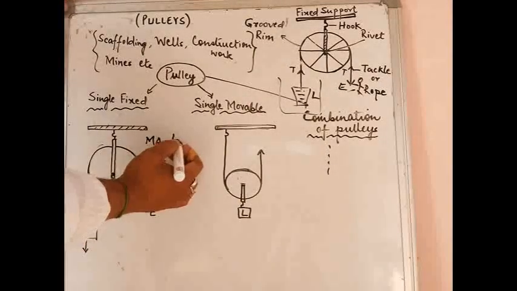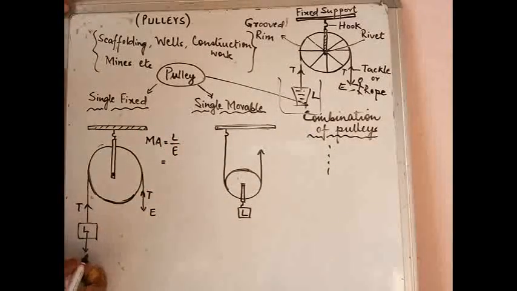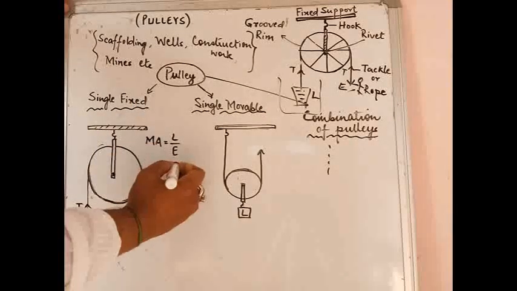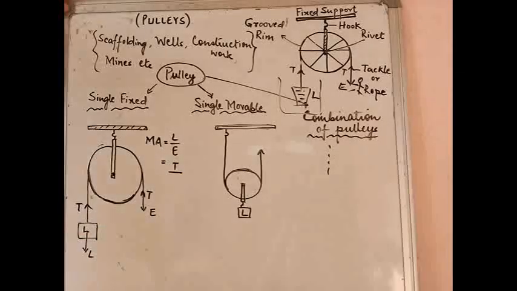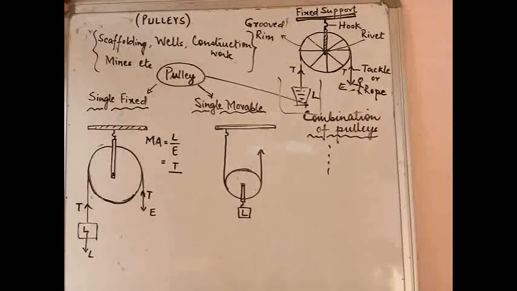Now you have a look at this formula, L upon E. What is this L going to be equal to? Suppose L is acting downwards, it is being opposed by this particular tension. In other words, this tension is nothing but a creation of this particular load. So in place of L we can simply write T, because L and T are opposite forces and they are equal.